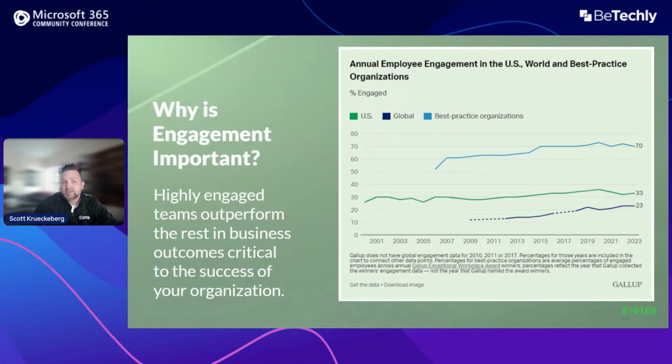So if you look at this slide, why is it important? We can tell that highly engaged teams, they outperform the rest of their competitors in these critical business outcomes. If success, if productivity, if execution, if you're in an organization where those things are critical and top of mind, there are actually things you can do today to increase that. So if we look at former data, we can tell that these best practice organizations are leading to higher output and productivity and revenue.